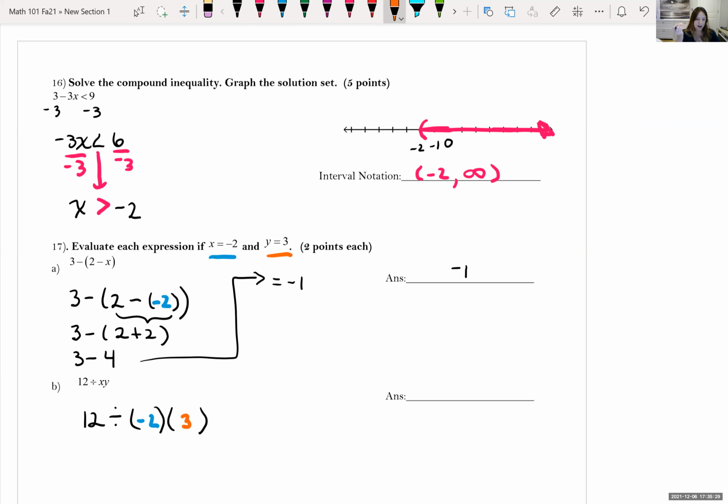It's telling me I'm dividing 12 by x and then multiplying. And so we get 12 divided by -2. That is -6. And then we're going to multiply it by 3. So this would give us back -18.